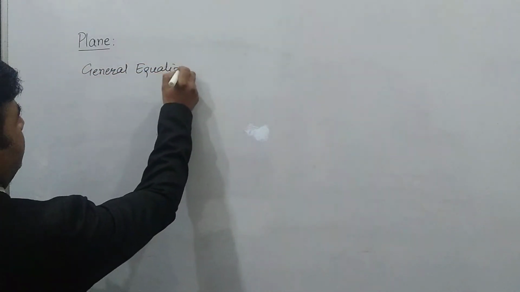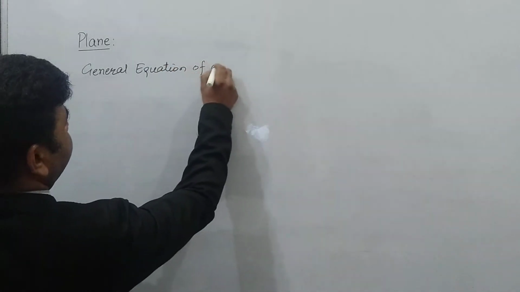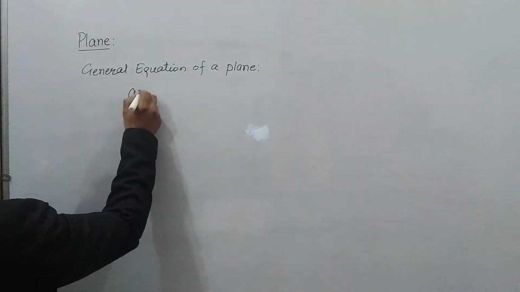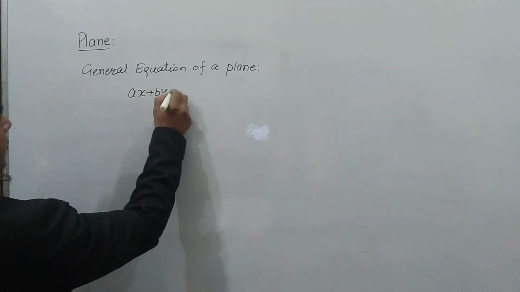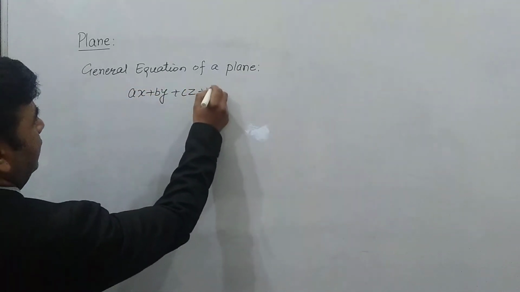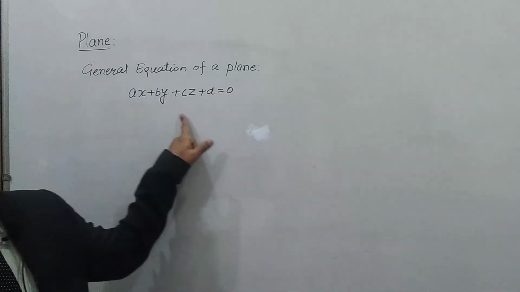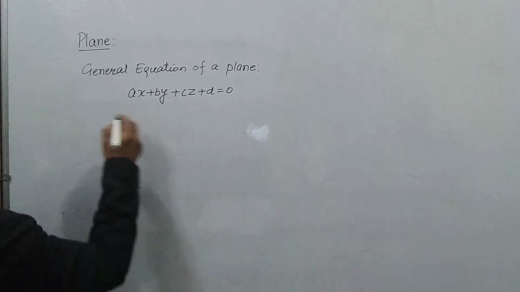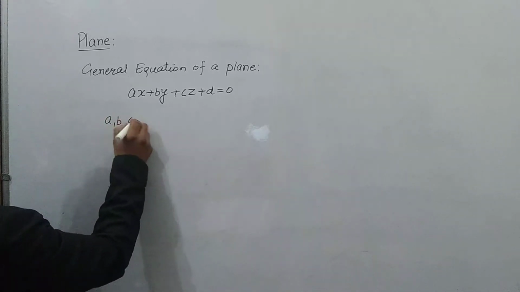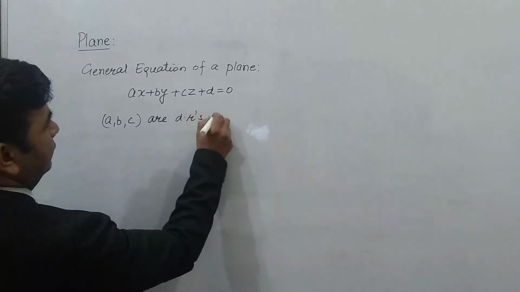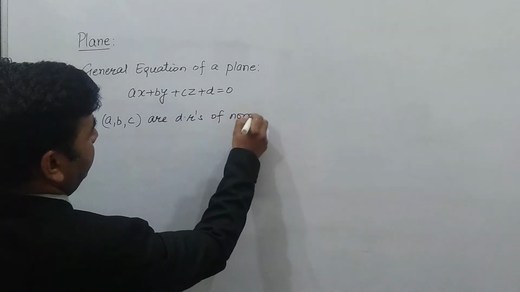This is your general equation of a plane, which is given by ax plus by plus cz plus d is equal to 0. This is your generalized equation of a plane, where a, b, c are the direction ratios of the normal to the plane.